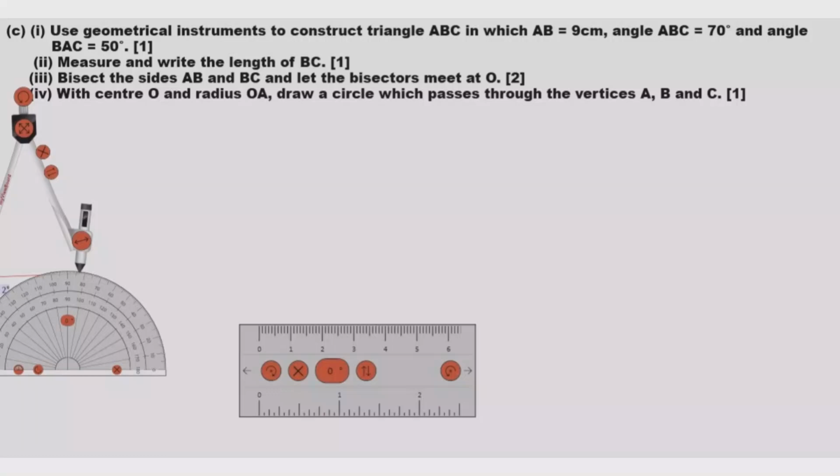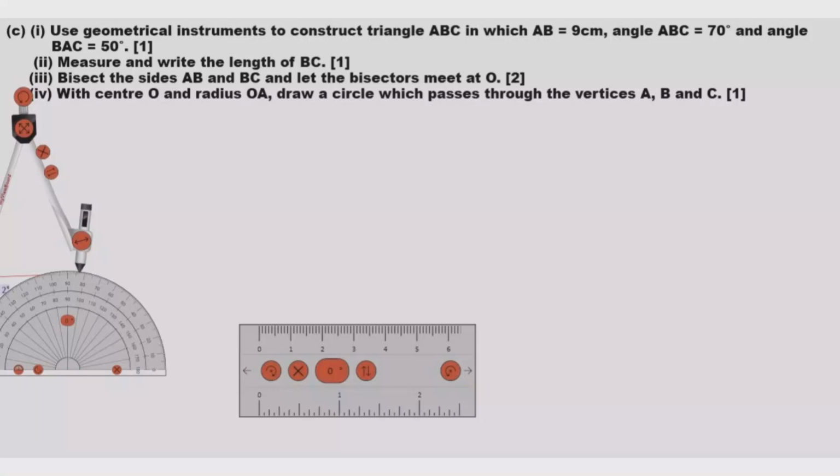Question 2C, the question was as follows: use geometrical instruments to construct triangle ABC in which AB is equal to 9 cm, angle ABC is equal to 70 degrees, not centimeters, and angle BAC is equal to 50 degrees.